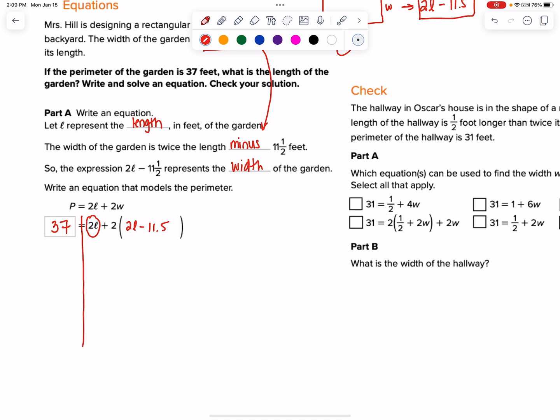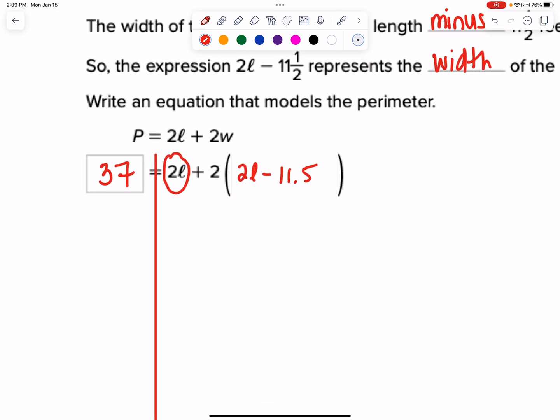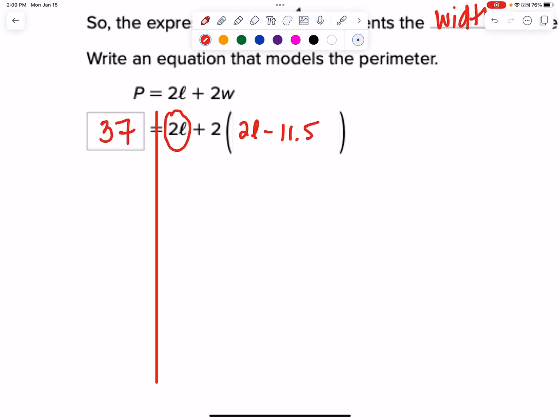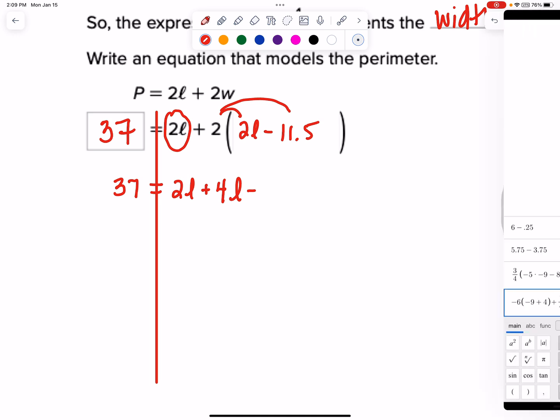So separate your workspace. This will actually tell us what the length is by solving for the L. All right, so let's go ahead and move things around. First thing we do is distribute to get rid of those parentheses. So we have 37 equals 2L, make sure you do that like a cursive L, plus 4L minus double 11.5.